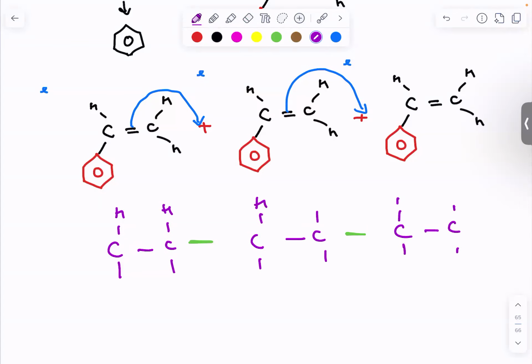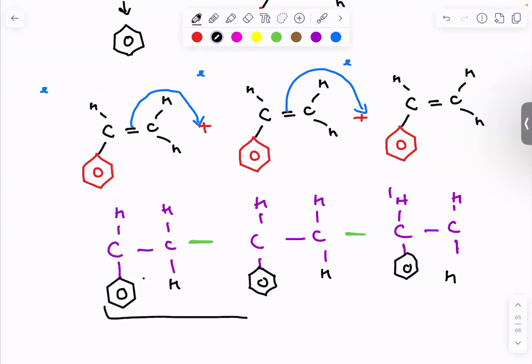Now H, H, H, and then beta, this would be like this. And then H, and then again like this, and we are having H. Now, this is a polymer.